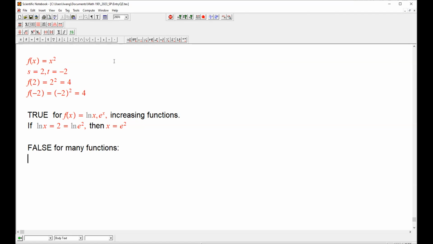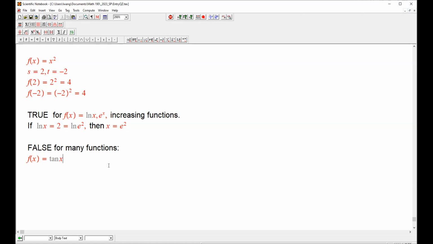Such as trig functions. We'll talk about that example. f of x equals, say, we use sine x in class. Let's use tangent x. Is that true? It's not true. So I'm going to leave this example for you.